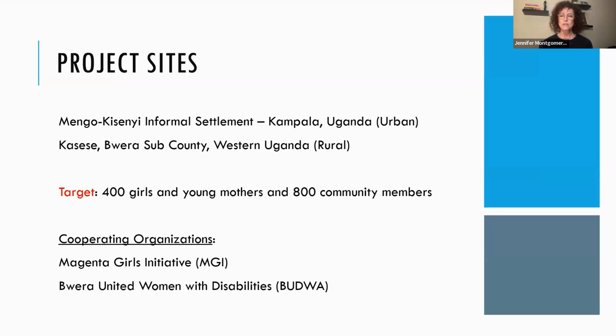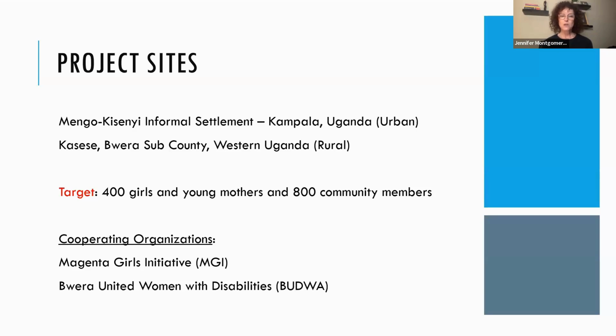It's over 200,000 people. And many of these folks are unemployed. Many of them come to this community because they've been displaced, either internally in Uganda or from other countries that have civil unrest. The other project site is Kasese, which is in Western Uganda. It's a rural site. It's one of the highest poverty districts in the country of Uganda.